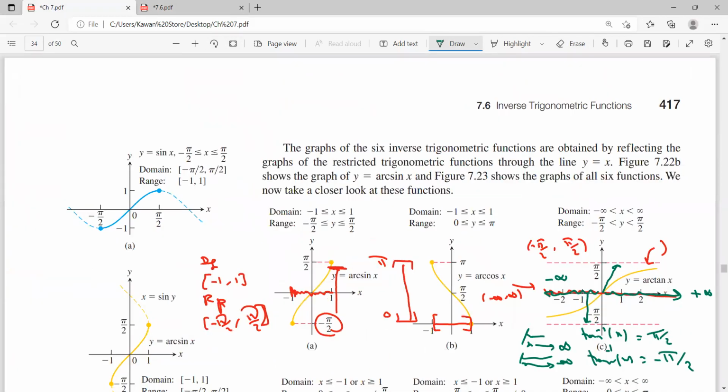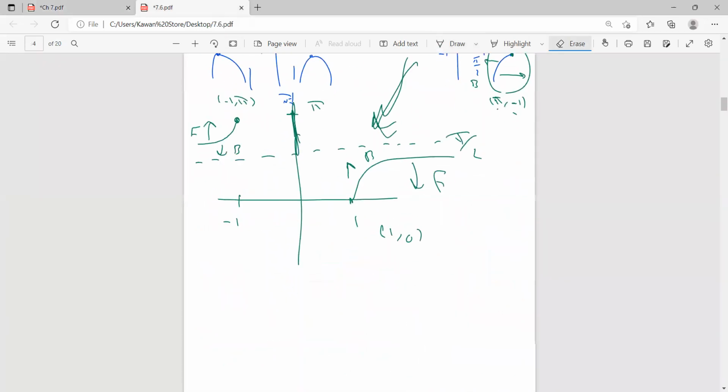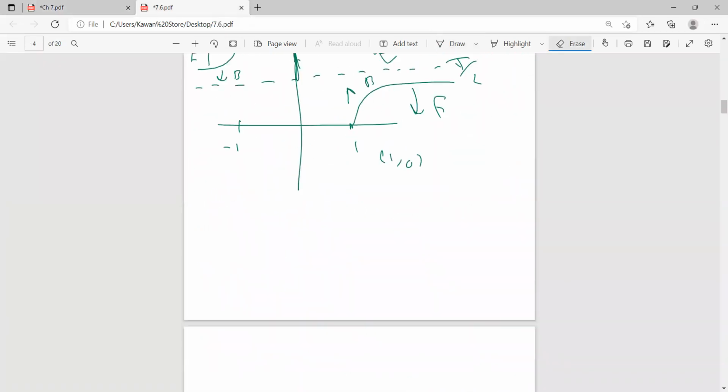The first, I gave you the table. Do you remember that? For example, we say sine of pi over 4 is equal to square root of 2 over 2. Do you remember that? I gave you the table.